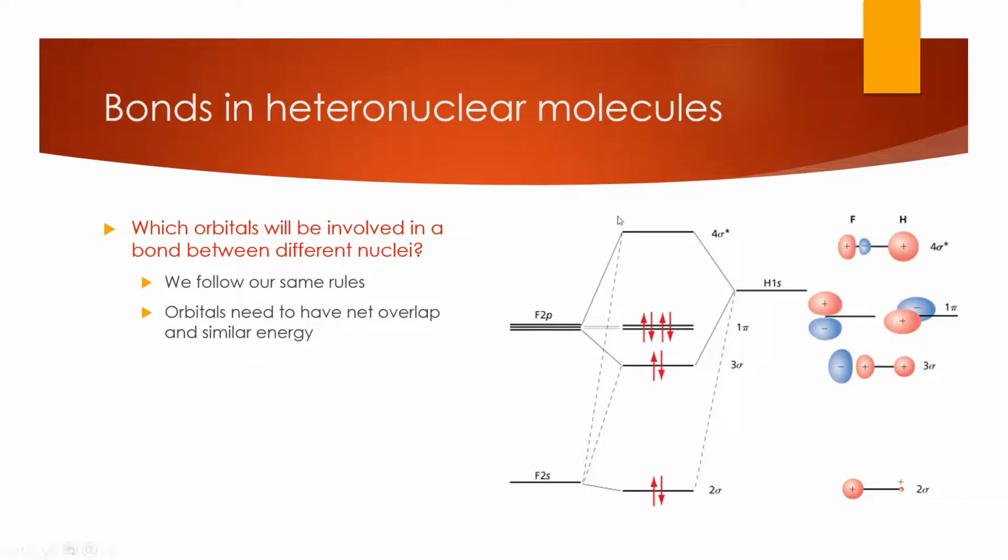And when you draw it in this way, we can notice that the H1s orbital is relatively close in energy to the fluorine 2pz orbital, but not really anywhere near the energy of the fluorine 2s orbital. And so what that means is that this H1s orbital is going to be capable of having overlap with the orbital of similar energy, which in this case would be the 2pz, whereas the 2s orbital, sorry, is not really going to be able to participate.